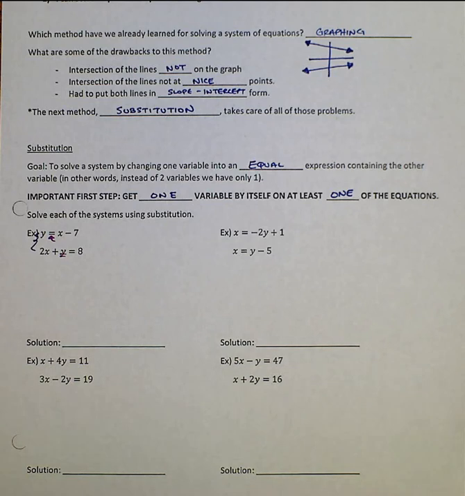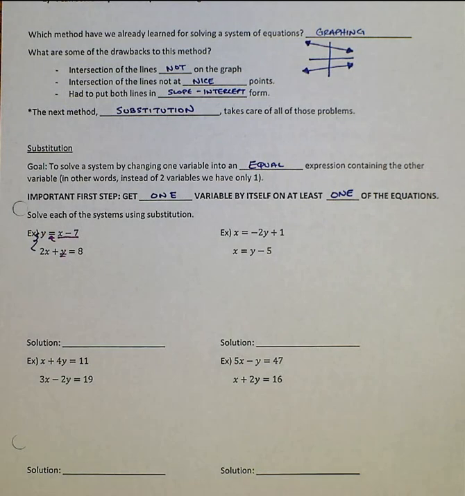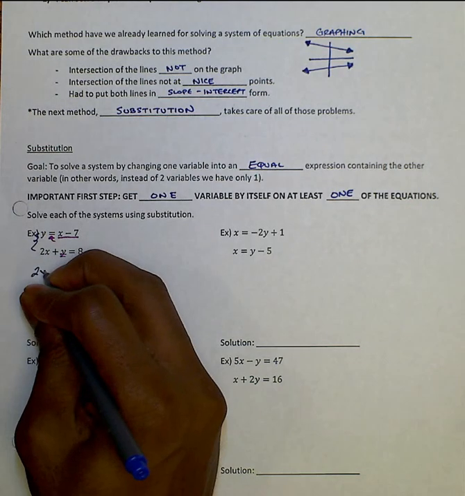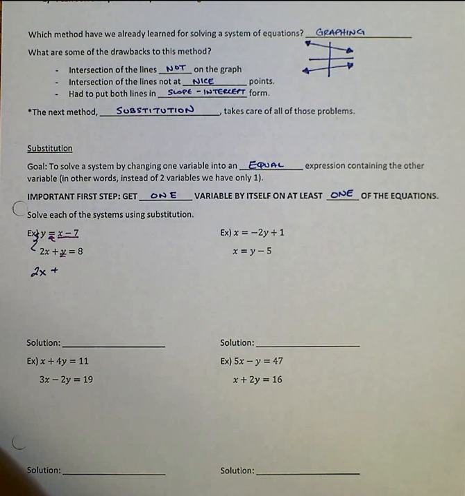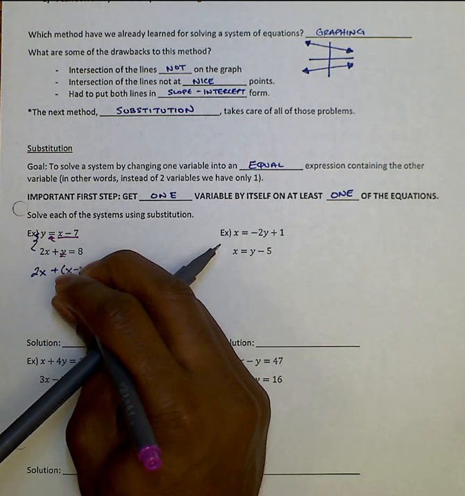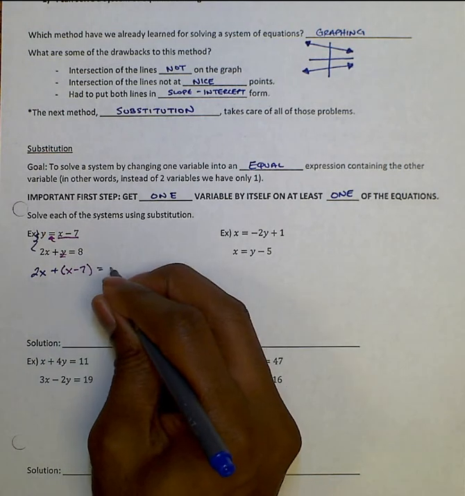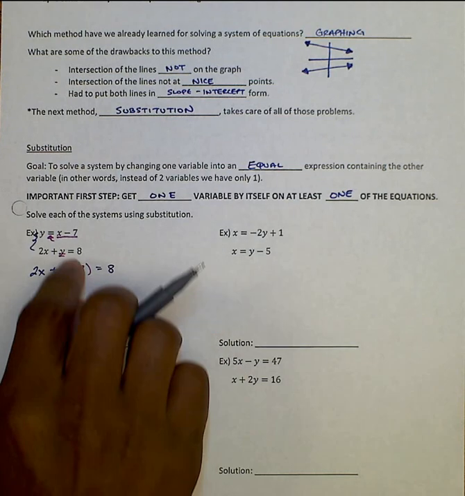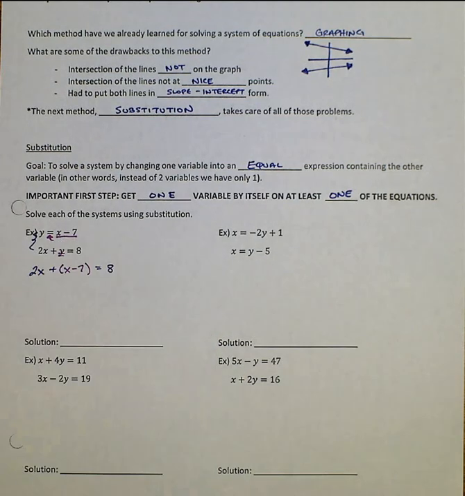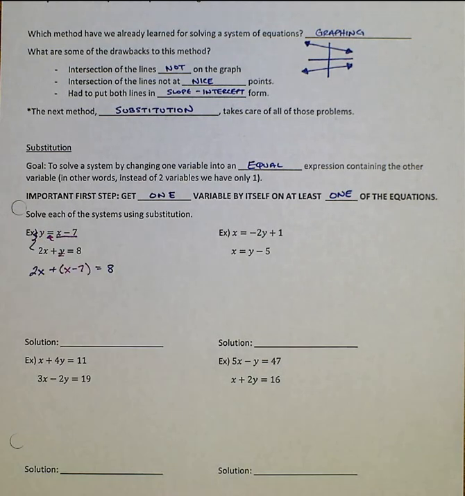If I say that y is the same as x minus 7, in this equation, instead of saying 2x plus y equals 8, I can say 2x plus, and now like I just said, it's the same as (x minus 7) equals 8. So I substituted x minus 7 for y. And I can do that because this first equation said that y is the same as x minus 7.